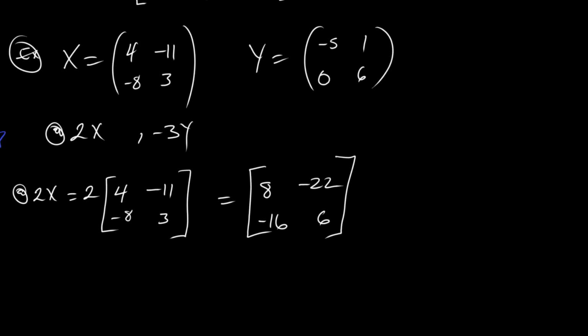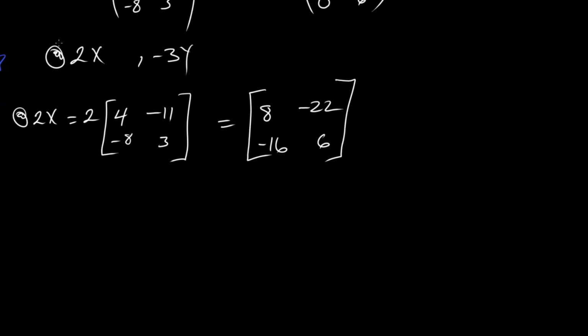So that's scalar multiplication. Don't forget, we simply take the scalar, which is 2, and multiply it by each element of the matrix X. Whether we have a 2 by 2 matrix, 3 by 3 matrix, a single column matrix, or a single row matrix, scalar multiplication is the same. We multiply it by each element of that particular matrix, and the matrix can be of any dimension.